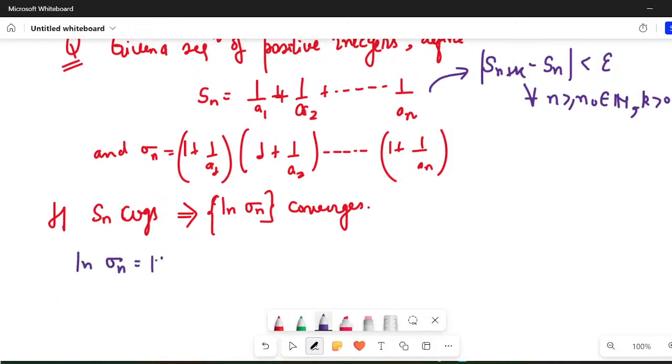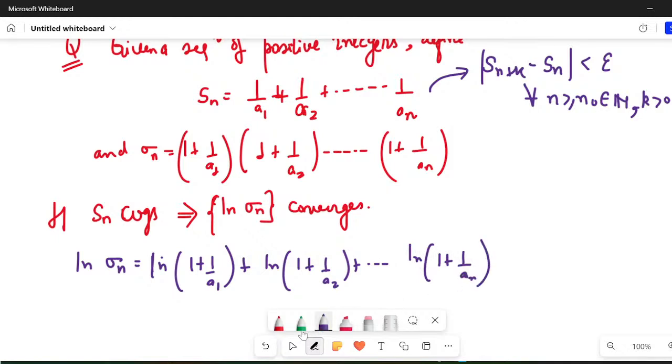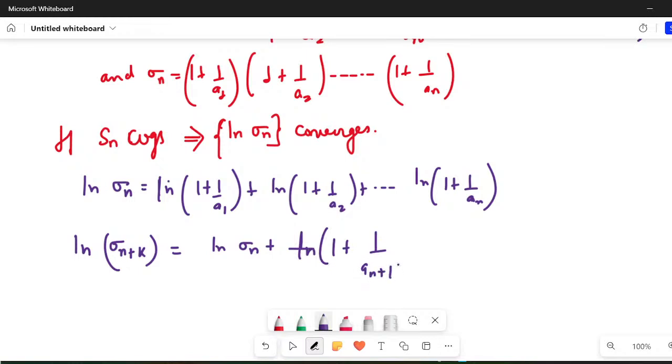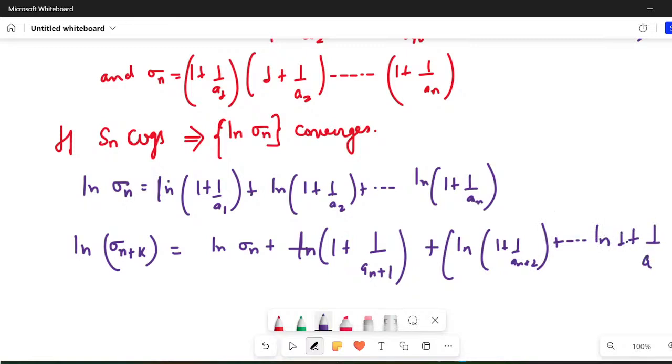I'm writing ln sigma n would be simply log of 1 plus 1 upon a1, plus log of 1 plus 1 upon a2, and so on up to log of 1 plus 1 upon an. And what would be ln sigma n plus k? It will be equal to this till here, and then log of 1 plus 1 upon an plus 1, then plus log of 1 plus 1 upon an plus 2, and so on up to log of 1 plus 1 upon an plus k.